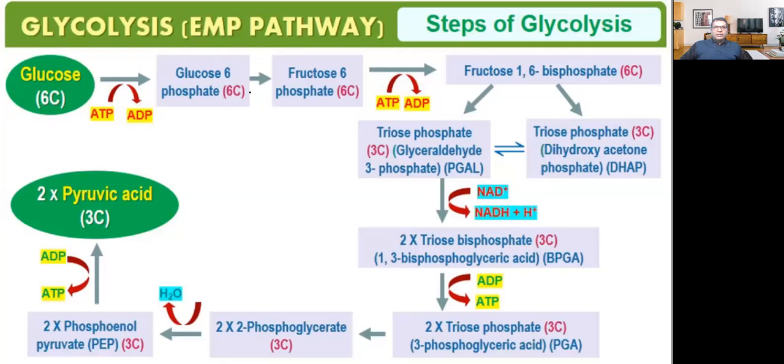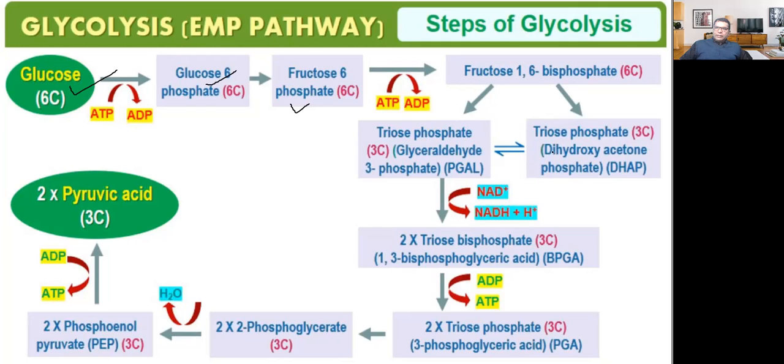This is the total set of steps of glycolysis. First step, glucose is converted into glucose 6-phosphate. Then second step, glucose 6-phosphate is converted into fructose 6-phosphate. Then fructose 6-phosphate is converted into fructose 1,6-biphosphate. Now it will split into triose phosphates, glyceraldehyde 3-phosphate, PGAL, and another molecule.